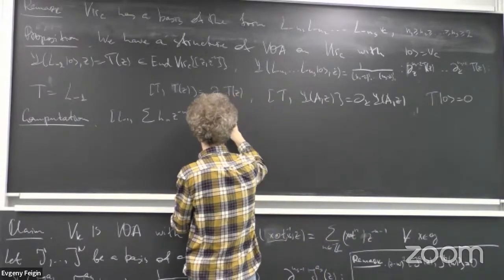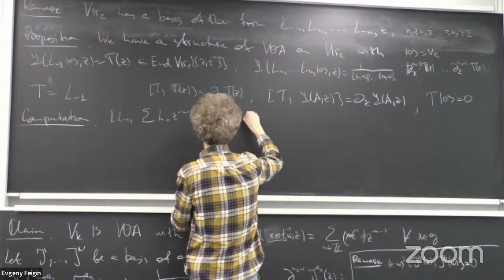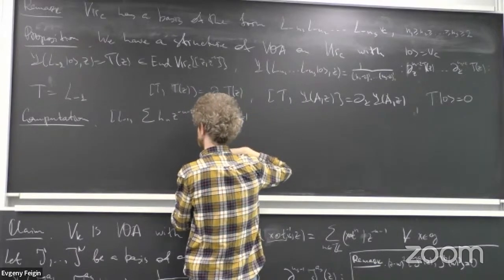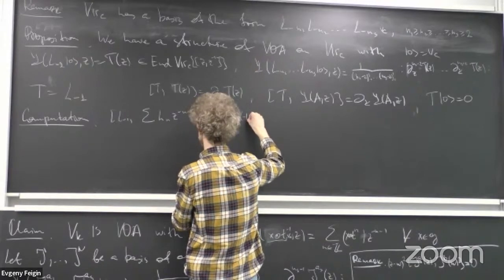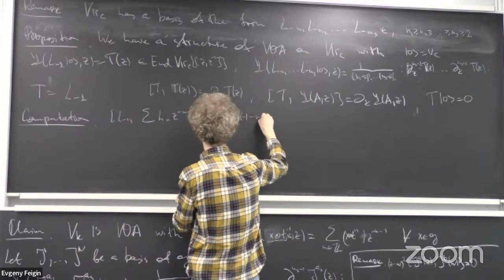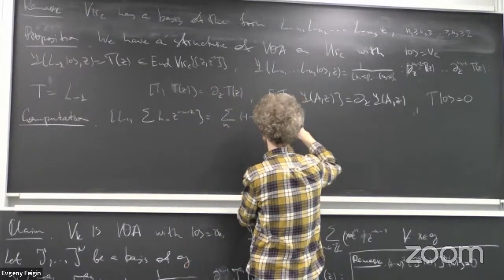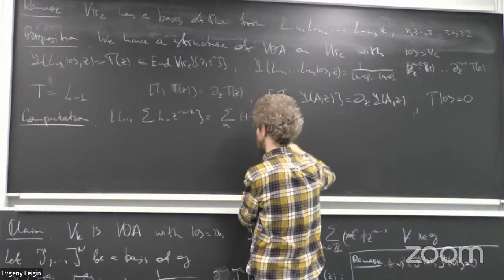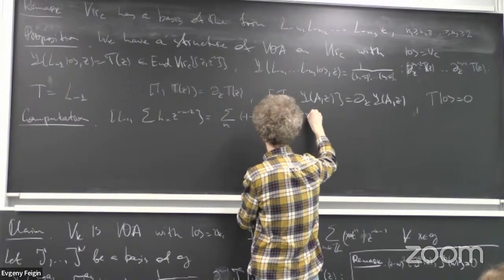Therefore, this is the sum over n of minus n, and then we have L n plus 1, minus 1, z to the minus n minus 2.